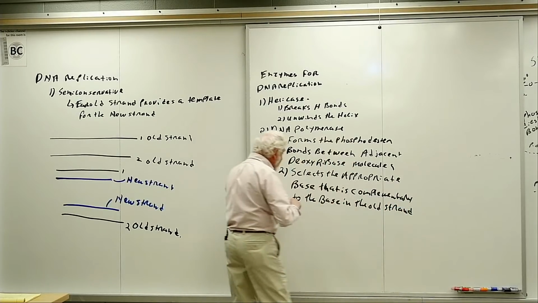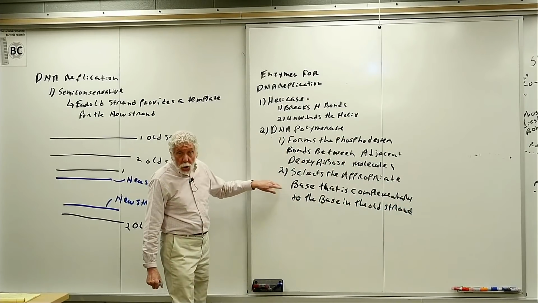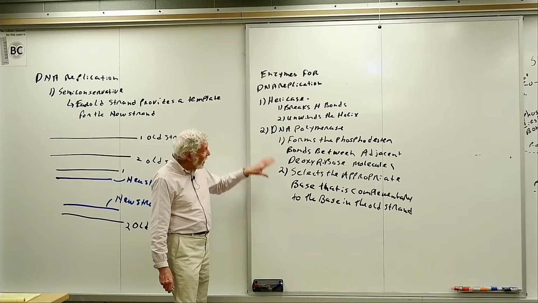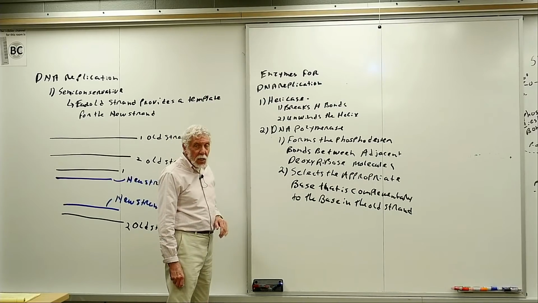Now recognize when I say that it's selecting the base, that base is going to be covalently linked to a deoxyribose molecule. But fundamentally, these are the 2 things the DNA polymerase has to do.